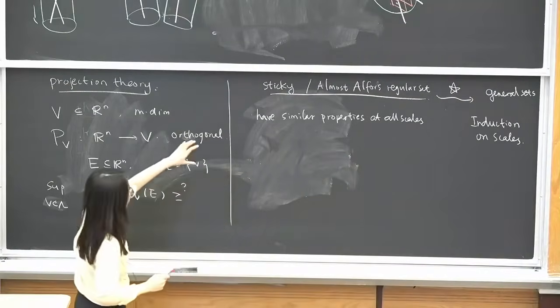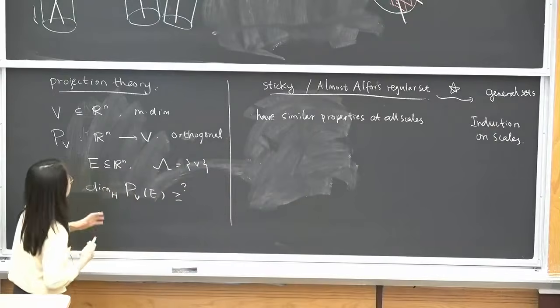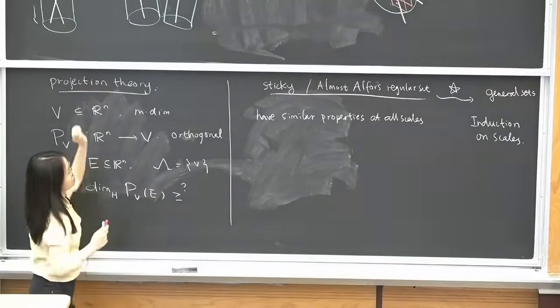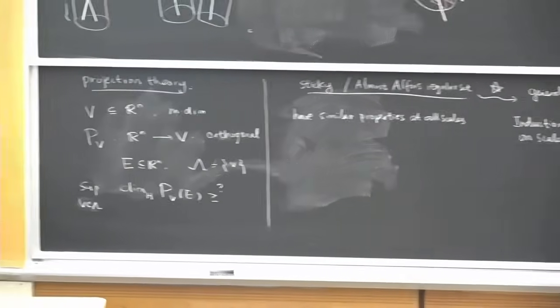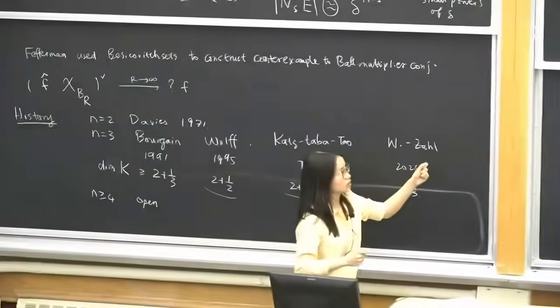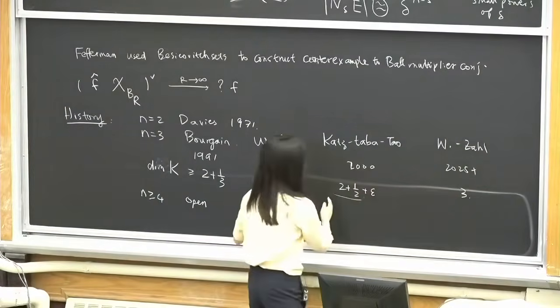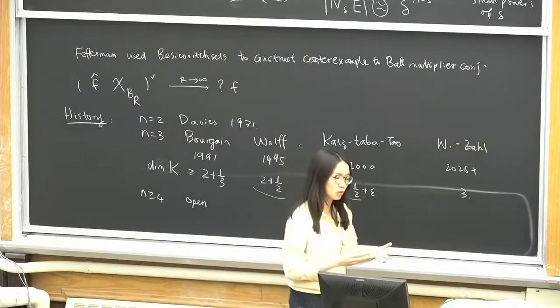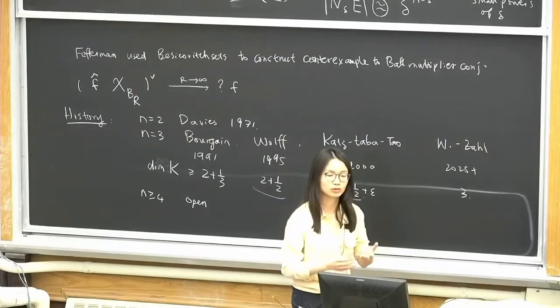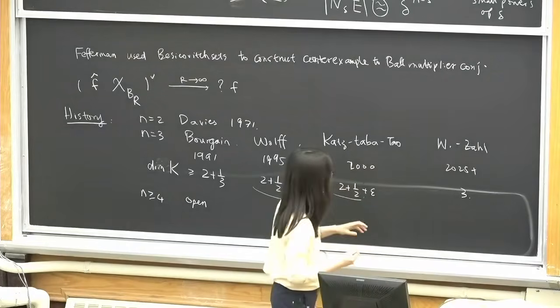So just to say why this general scheme is useful. For the Heisenberg group example, to improve this 5 halves bound, we need to distinguish the Heisenberg group and the Kakeya set. It's very hard because we don't know what properties we can use to distinguish them.